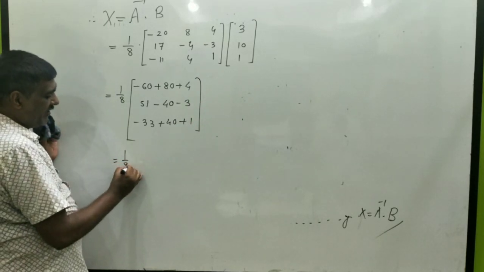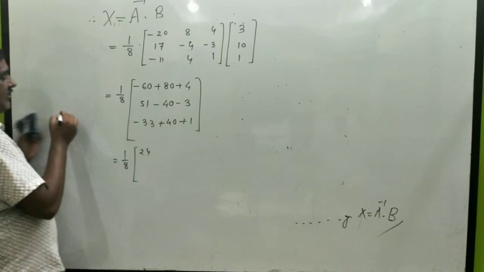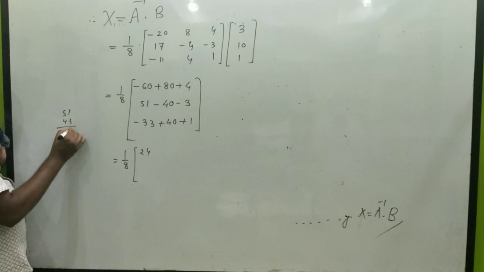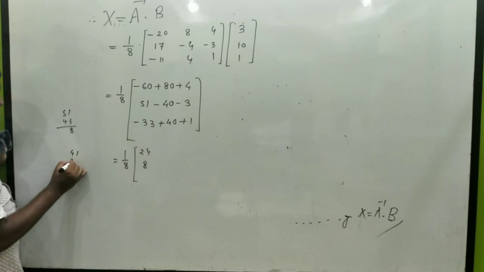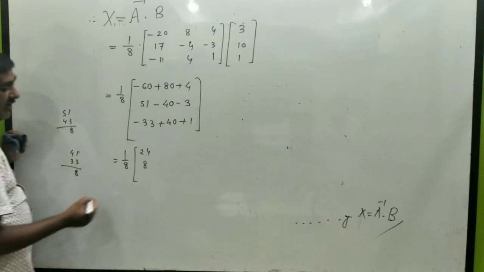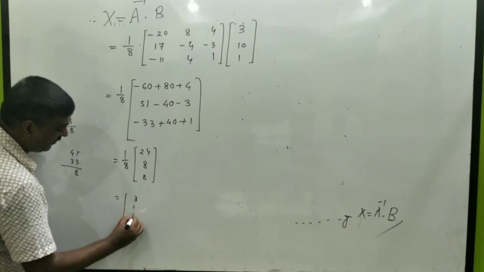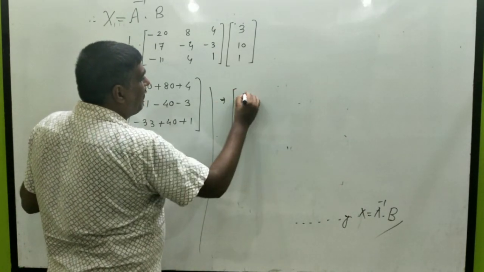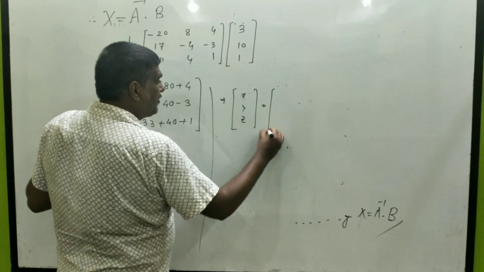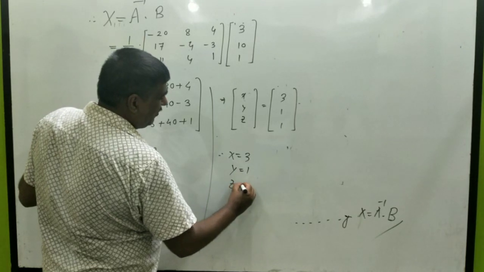So we get 1 by 8 into 84 minus 60, that is 24. 51 minus 43 is 8, and the other one 8. Here 41 minus 33 is 8, this one also 8. Clear? So 1 by 8, dividing, 24 by 8 is 3, 1, 1. So what we got for x, y, z is 3, 1, 1. Therefore x equals 3, y equals 1, z equals 1.